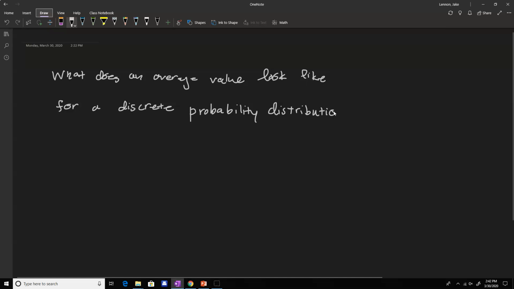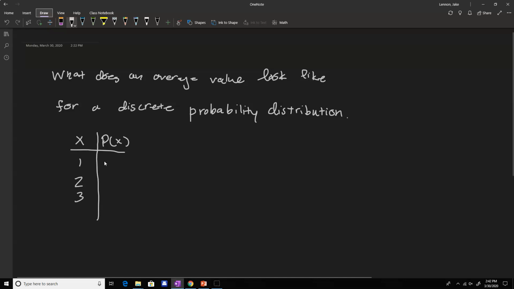Basically, it's just a weighted mean. So let's think about, I don't know, maybe you have something with 3 possible outcomes and you weight them. So your discrete random variable here is x. Let's say it has possible outcomes of 1, 2, and 3. And then we have probabilities associated to each of those outcomes.